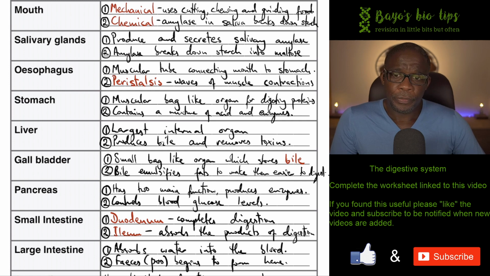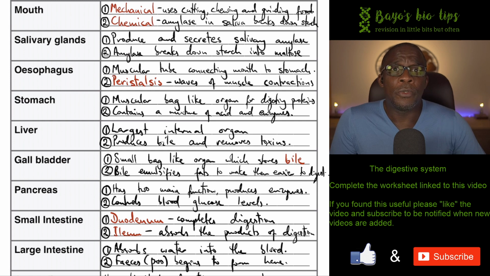Next, we've got the stomach. The stomach is a muscular bag which carries out the digestion of proteins. Because proteins are so important, it takes quite a while to get as much of the protein as possible broken down into its component amino acids.